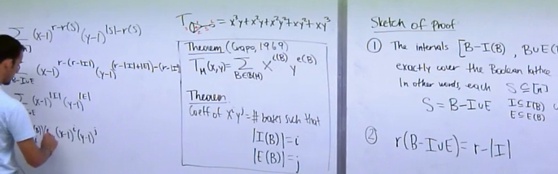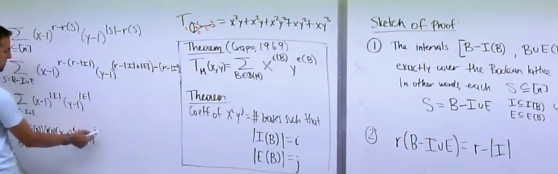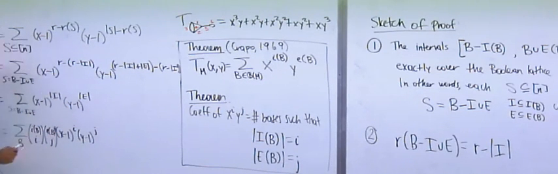And out of the externally active elements, choose j of them. I'm doing this a little bit fast, but you basically sum from I equals 0 to I of b, sum from j equals 0 to E of b. You get this.